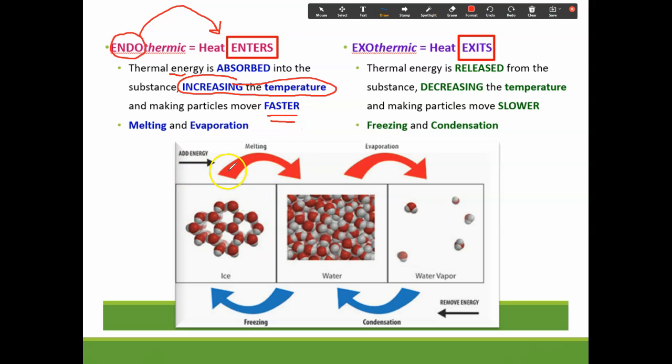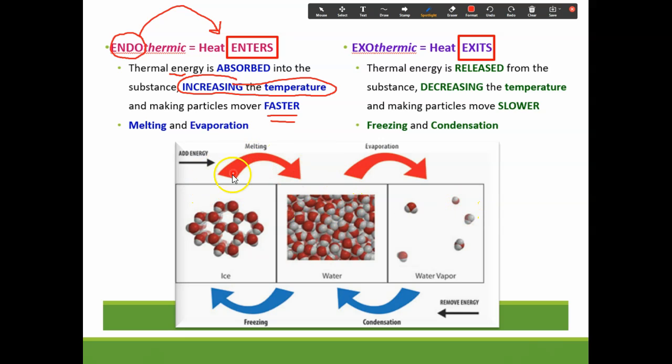So in both of these instances on top here, these are going to both be examples of endothermic processes. So melting and evaporation are always endothermic processes. Again, the reason is because they're getting extra heat. Heat is entering, we're adding energy to the substance, and it's going to increase the temperature, get hotter and hotter.